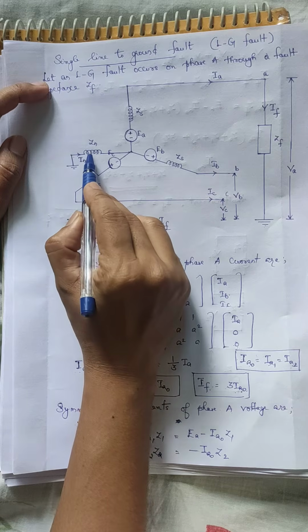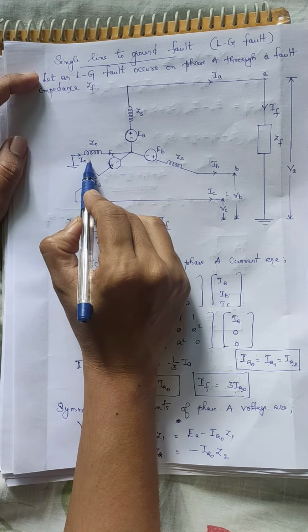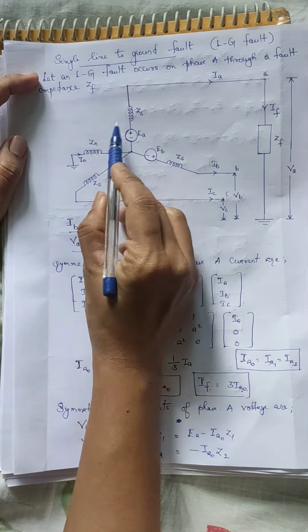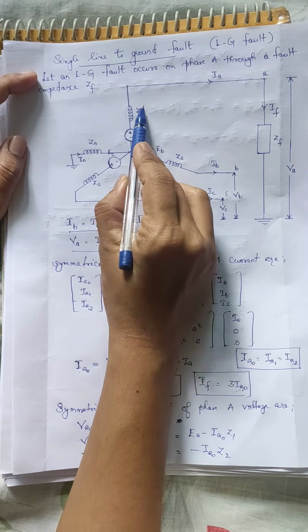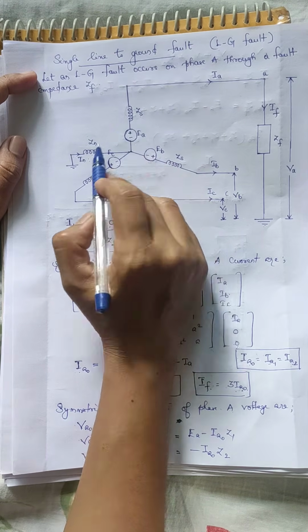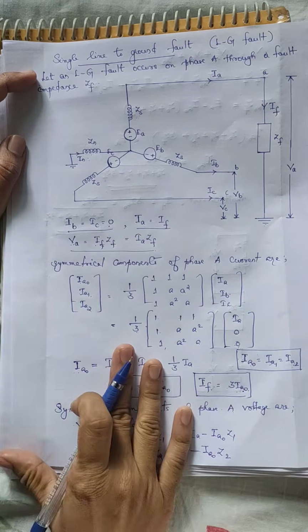So 3 Zn will appear in the zero sequence network. So total zero sequence impedance Z0 will be equal to 3 Zn plus Zs, the zero sequence impedance per phase of the generator plus 3 times the neutral grounding reactance.